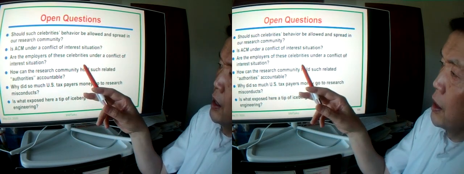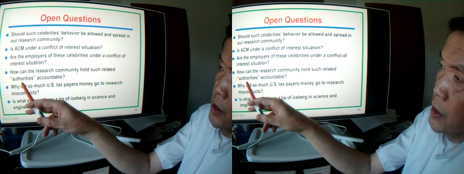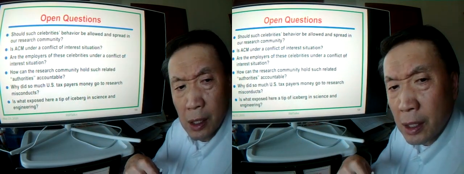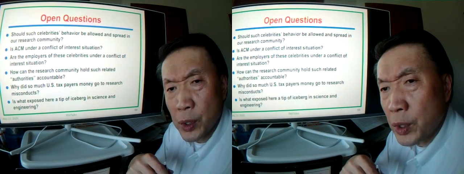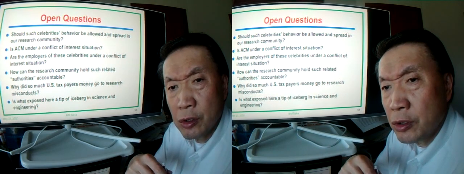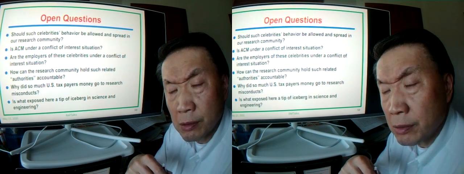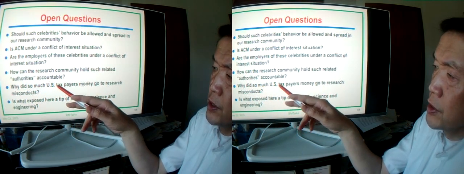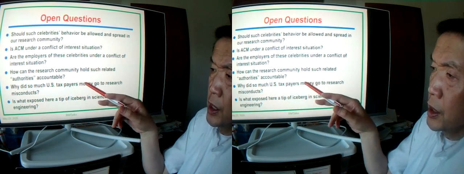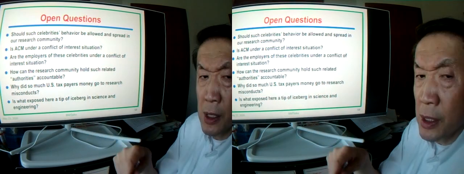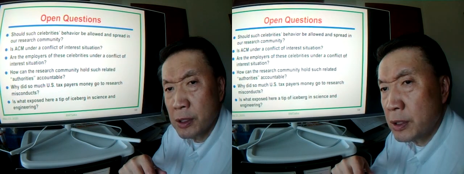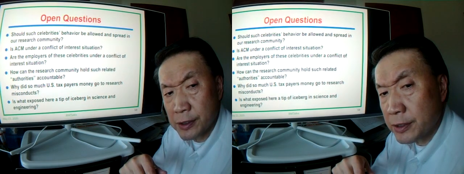There are authorities, employers, and ACM. Are they accountable to what they claim to be ethical? Why did so much university and taxpayers' money go to research misconduct? Those people like Tomaso Poggio, like Fei-Fei Li, received a lot of funding.